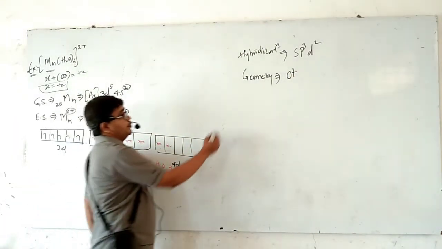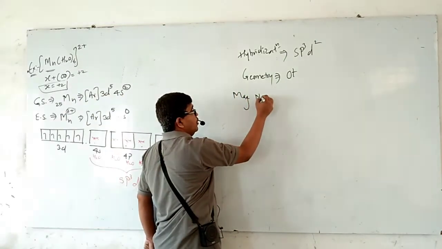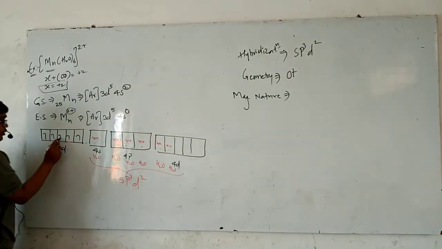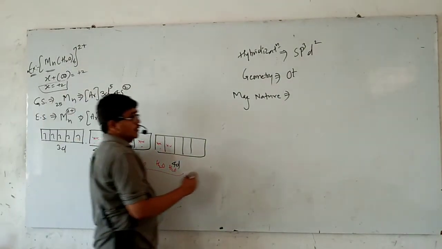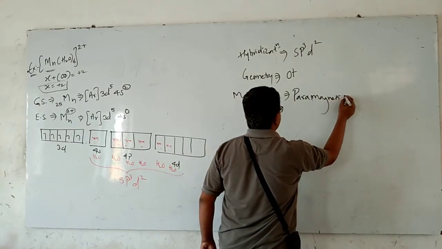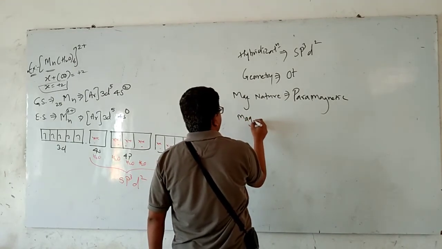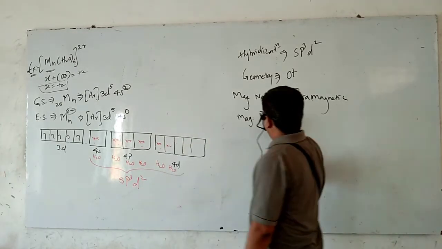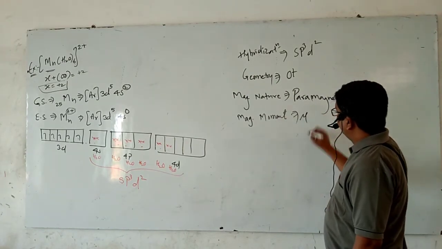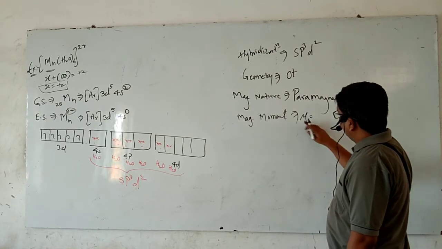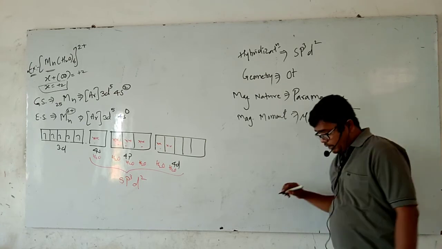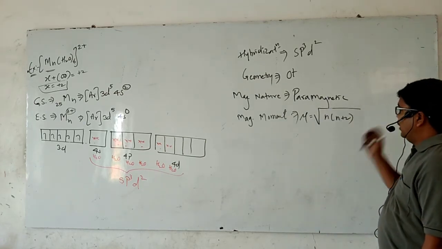Next to geometry, its magnetic nature. Because of the presence of unpaired electrons, this complex will be a paramagnetic complex. If the complex is paramagnetic, then it will show some magnetic moment. So what is the magnetic moment? Magnetic moment mu can be calculated by the formula mu equals the square root of n(n+2), where n is the number of unpaired electrons.